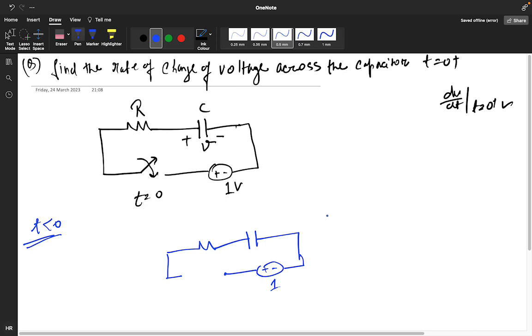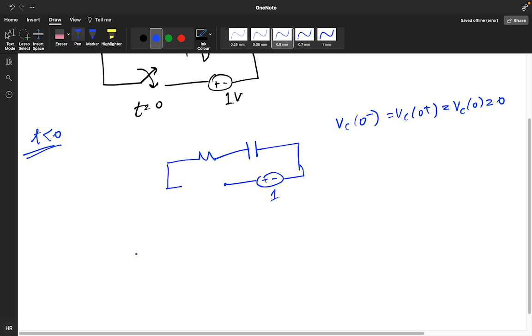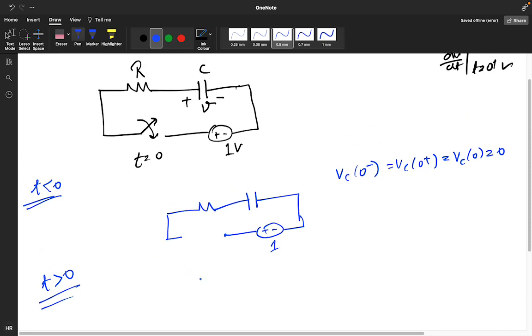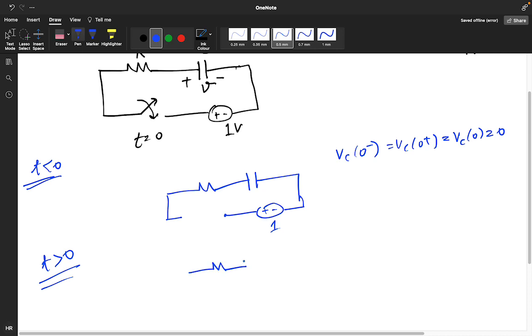So VC(0 minus) equals VC(0 plus) equals VC(0), which will be 0. At t greater than 0, what is happening? We are getting this circuit.